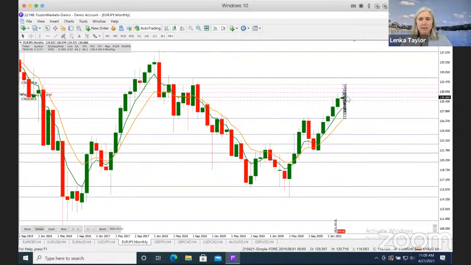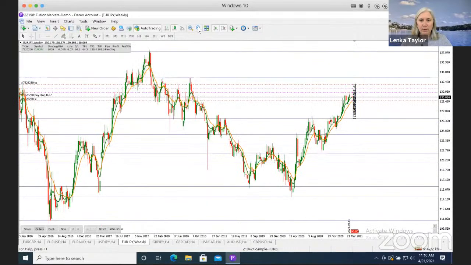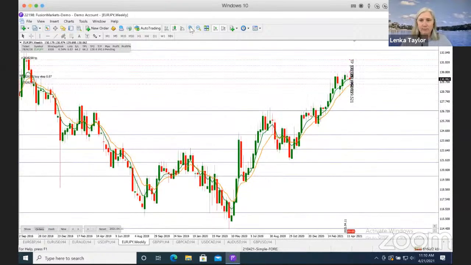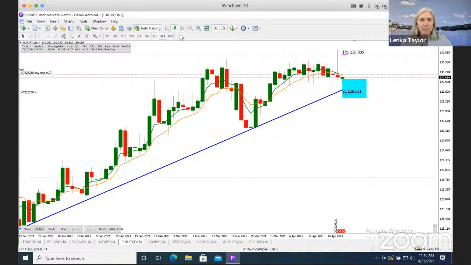So I see that there is still room on the monthly to go up to this horizontal line. And so far the trend has been in the upward direction. So in terms of still going up, that's where I look for the direction on the higher time frames.